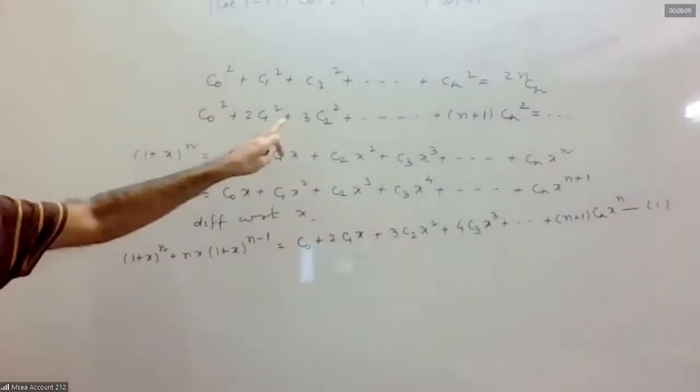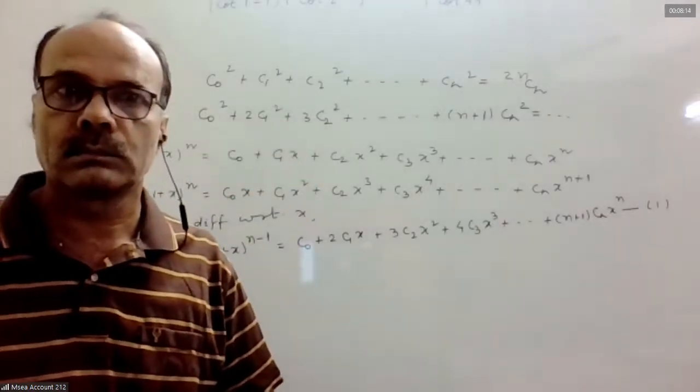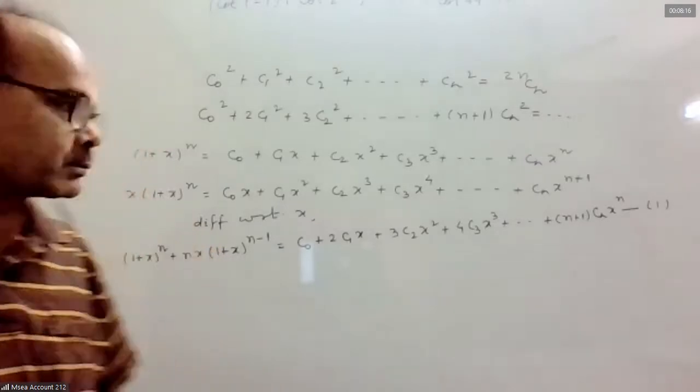Now we got coefficients. Next we want C0 square plus twice C1 square and so on.